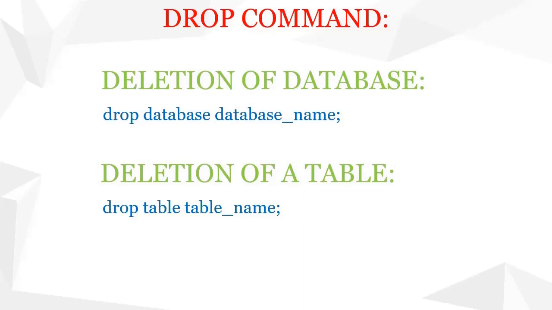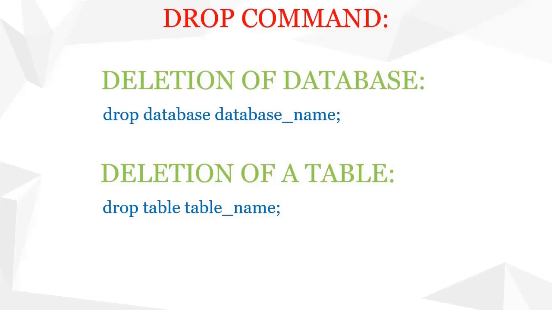So now the syntax for the deletion of the database is that drop followed by database followed by your database name, okay. For deletion of the table, drop table followed by your table name, okay. It's as simple as that.